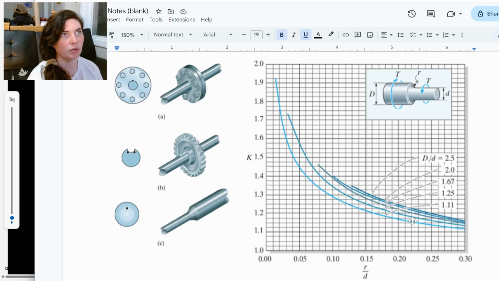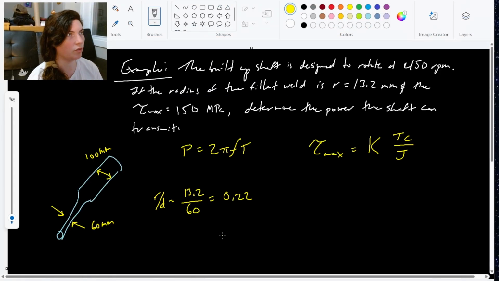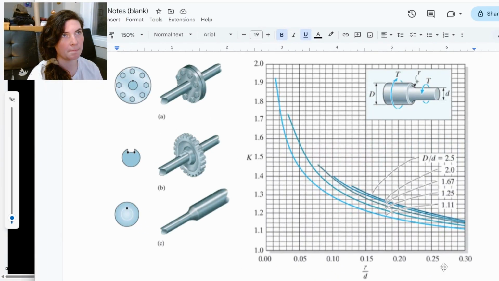So big D over little d, my big diameter over my little diameter, is going to be 100 over 60, which is about 1.67. Let's see if we've got a line for that. And we sure do. Here's our 1.67 label. It touches the line that is in the very center. So we've got 5 lines. It is the middle line.